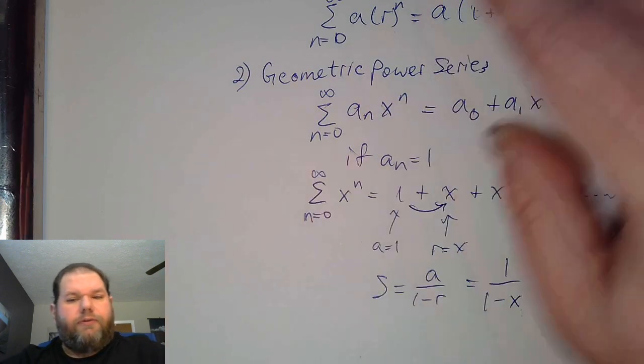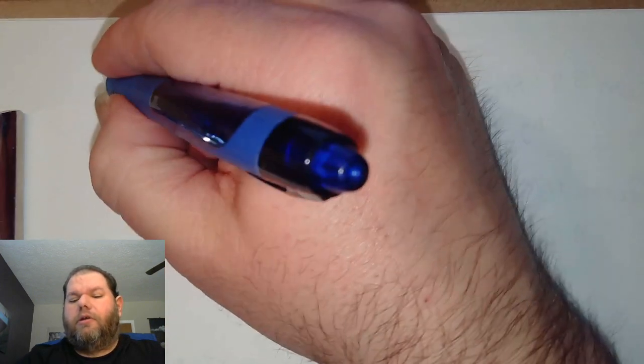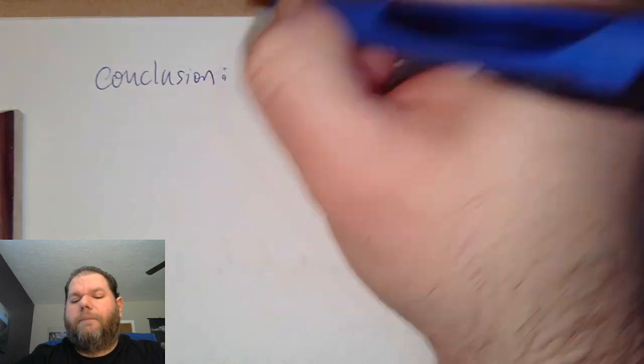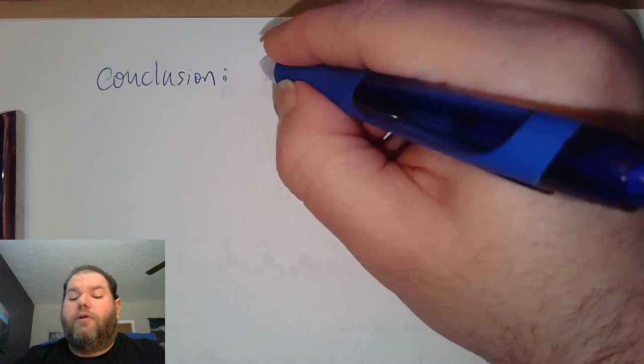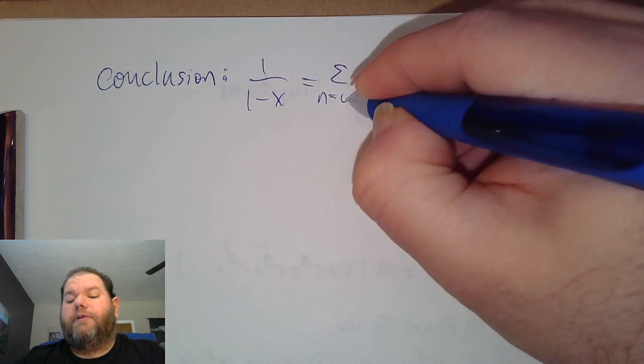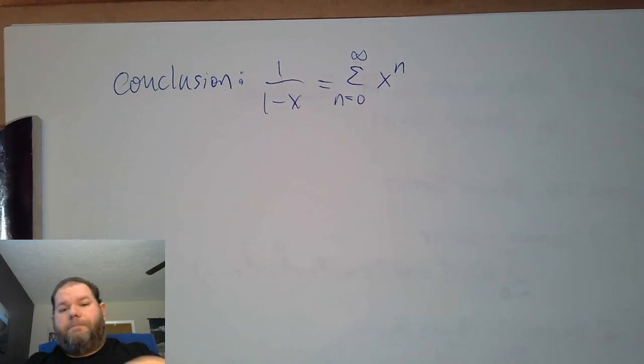Long story short, the conclusion we can draw is that 1 over 1 minus x is equal to the sum from n equals 0 to infinity of x to the n.